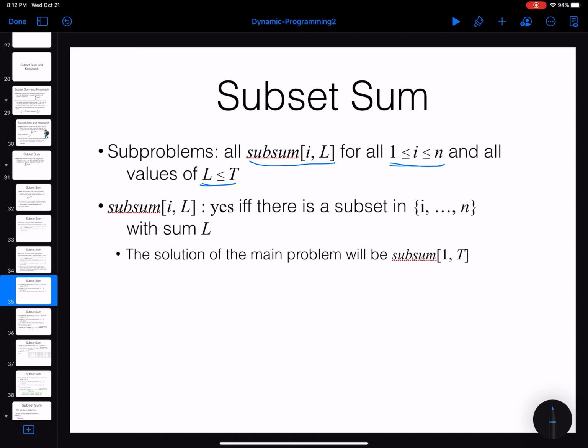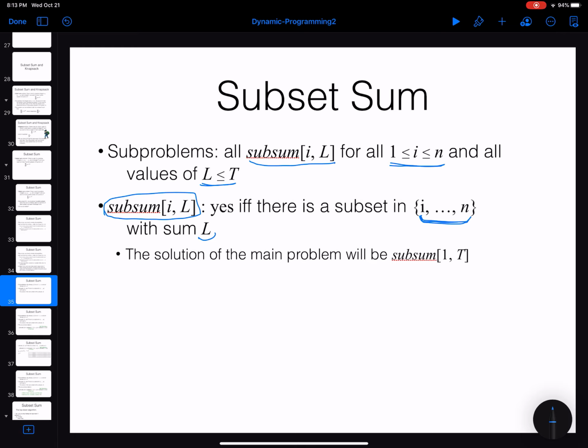Each of these subproblems is telling you that the answer is going to be true if there is a subset among all the items from I to n, nothing else, you are not going to access those indexes before I, whose summation is equal to L.